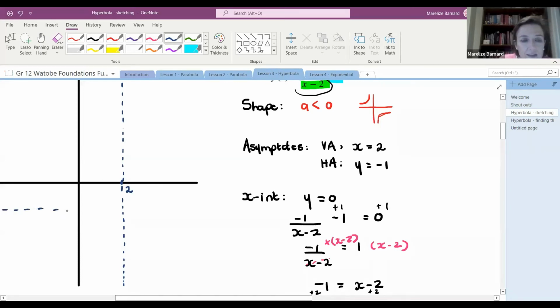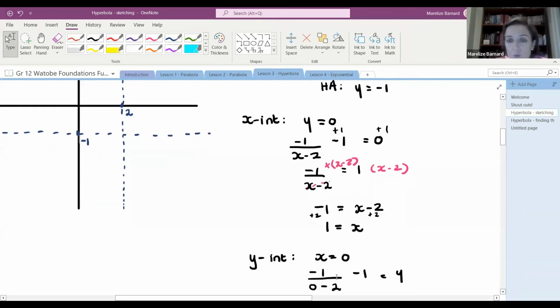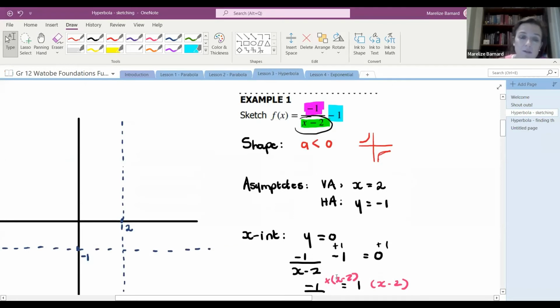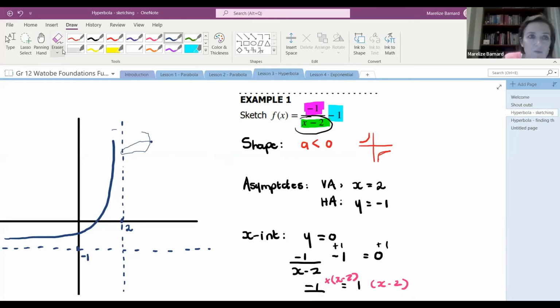Okay, and then we've got a horizontal asymptote at y equal to -1. Okay, label, label, label. Our graph has to be drawn in the second and the fourth quadrant. Okay, and then we also worked out that the x-intercept is 1 and the y-intercept is -1/2. So that means it goes through -1/2 and 1.